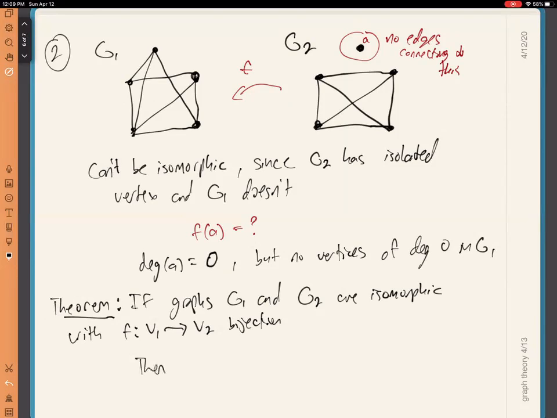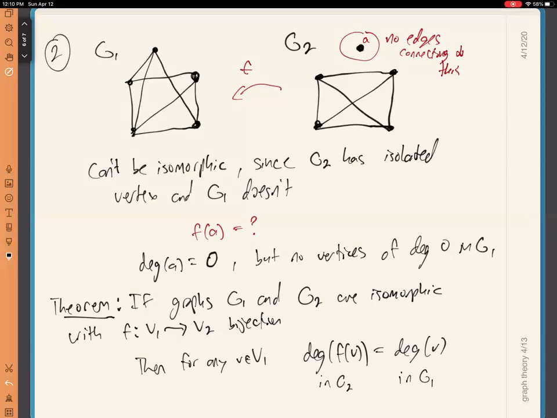Well, the theorem is that for any v in V1, the degree of f of v has to equal the degree of v. So the degree of f of v is in G2, since f is going from V1 to V2, and it has to equal the degree of v in G1. And so the previous example we looked at fails because A has degree 0, but no matter where I send A for any function from G2 to G1, there are no vertices of degree 0.